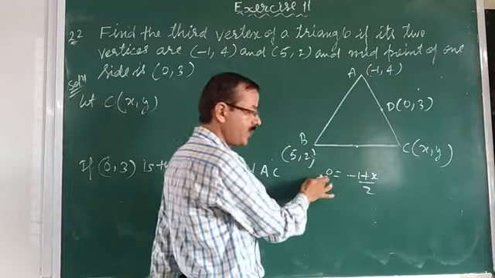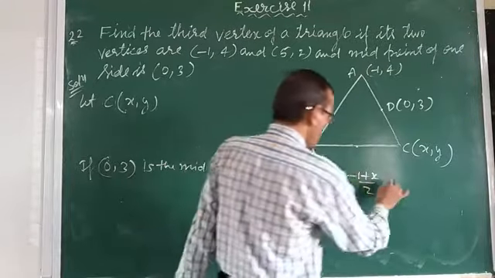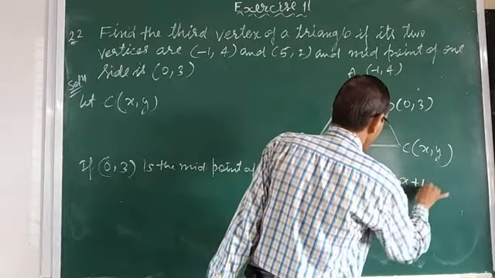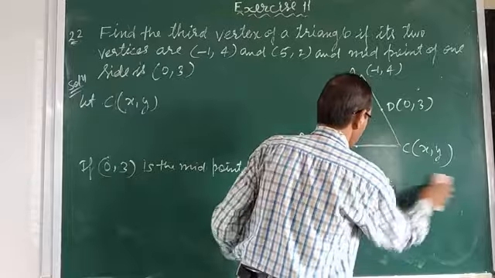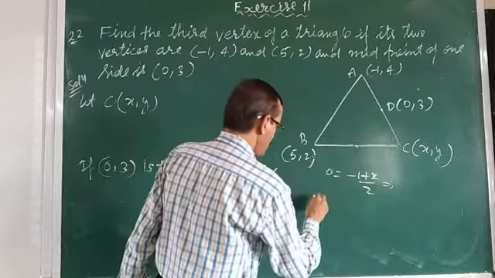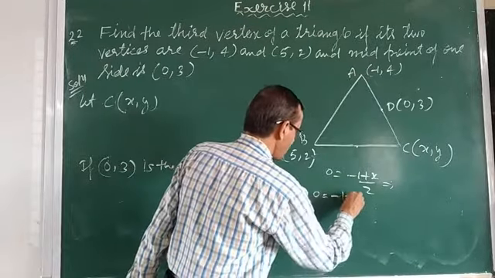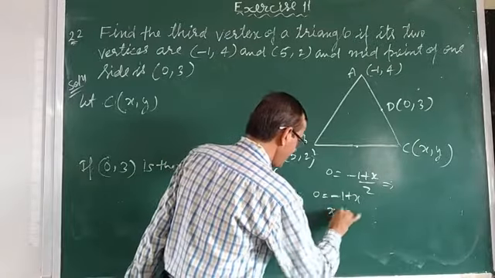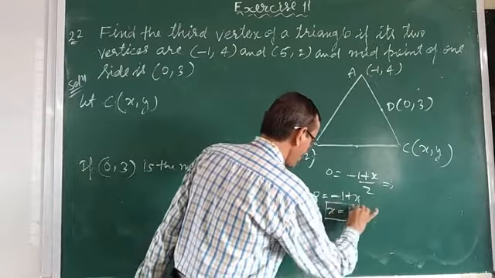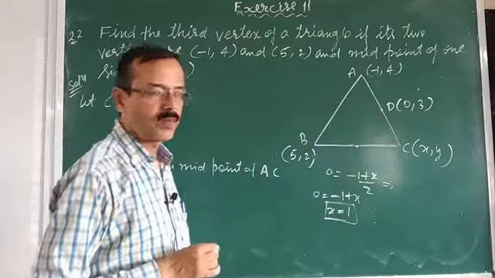The 2 will be multiplied with 0. That will be 0. So it can be written x plus 1 is equal to 0, or 0 is equal to minus 1 plus x. The minus 1 will be transposed, it will be positive. So we can write x is equal to 1. So we found here the x value came 1.